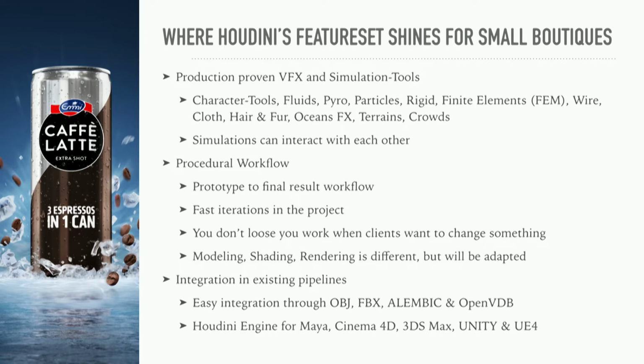You can be faster in your project because you can iterate faster, and suddenly, like he has experienced it, modeling, shading, and rendering is also adapted. So the first step is mostly the visual effects, and then suddenly the people say, wow, this other approach is making sense for me.